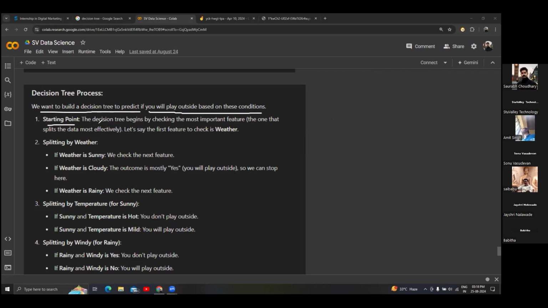The decision tree begins by checking the most important feature, the one that splits the data most effectively. That is what we will put on the root node. Let's say the first feature to check is weather.